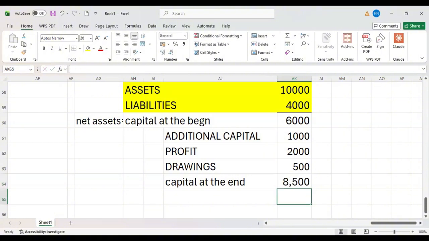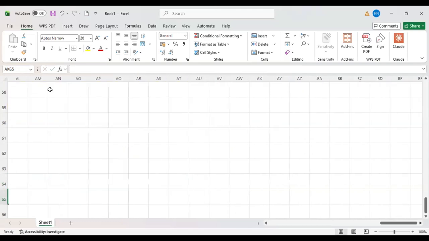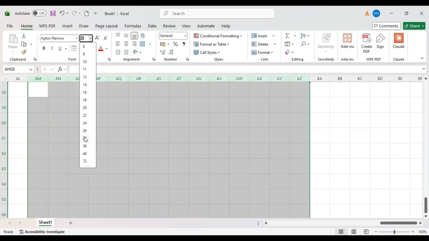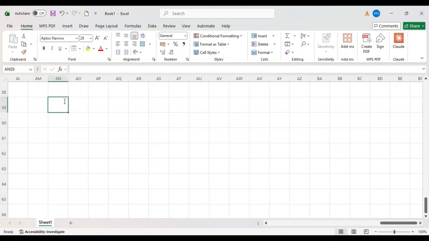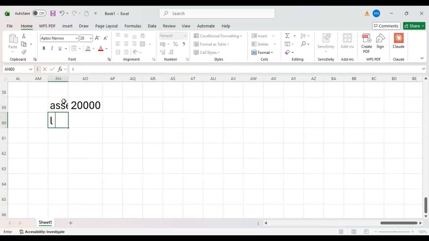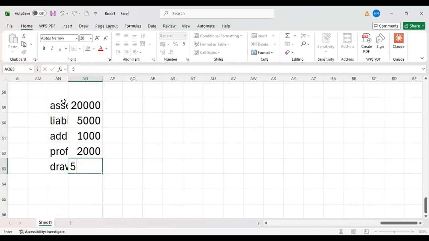Okay. All right. Let's try one last example where we are going to use the two net assets. So on January 1st I'm going to have assets of 20,000, liabilities of 5,000, additional capital, please be writing, this one you do it for me, profits 2,000, drawings 500.